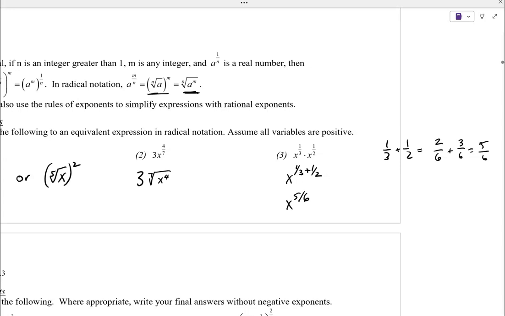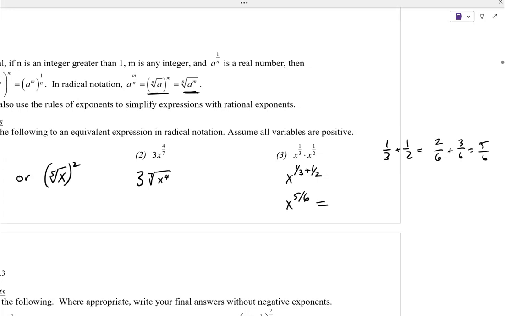And so how would you rewrite that now using radicals? Power of 5.